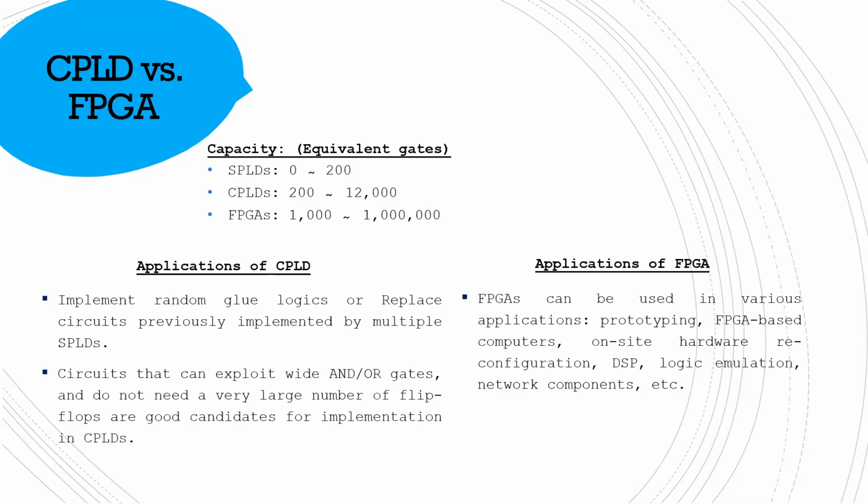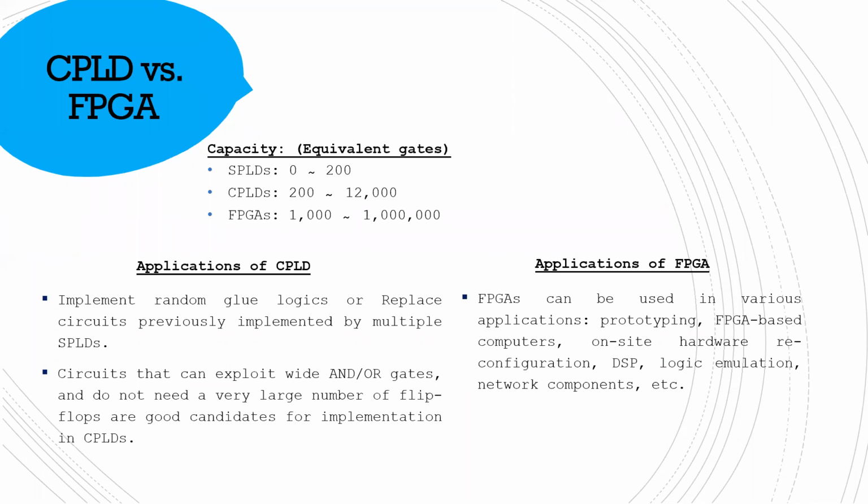And in case of FPGA, that is completely different. CPLD and FPGA, they are not the same, they are different. You can see some CPLDs are way more powerful than some FPGAs, right? It has 12,000, it has 1,000. So some CPLDs are more powerful than FPGAs, but FPGAs can be way more powerful than CPLDs. So FPGA equivalent gates will be 1,000 to 1 million. So that will be your FPGA equivalent gates or the capacity.